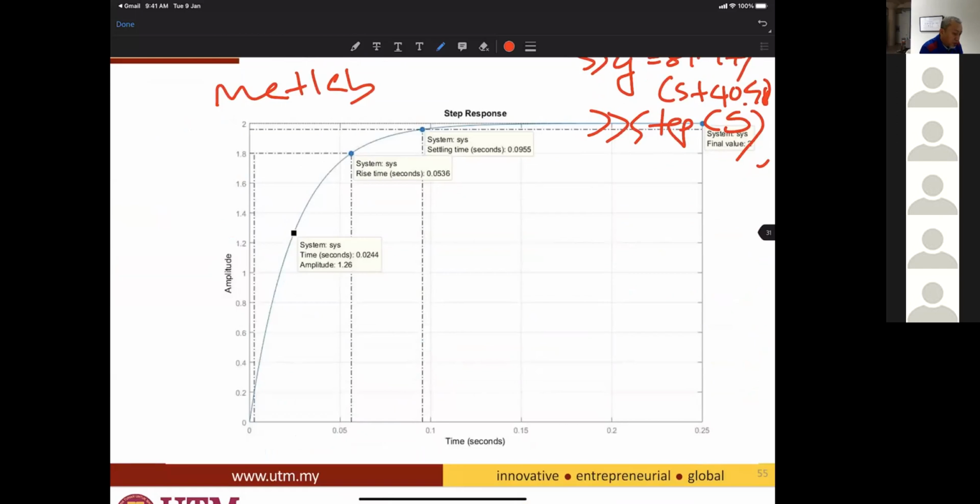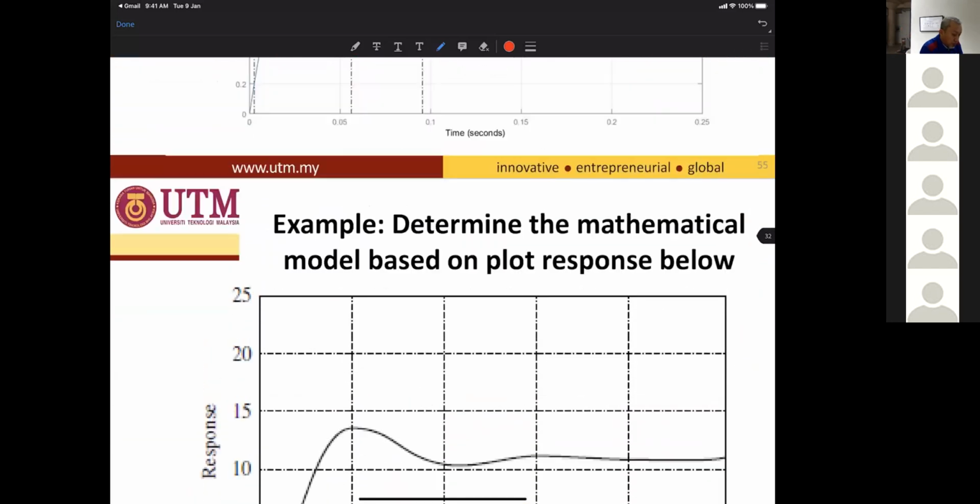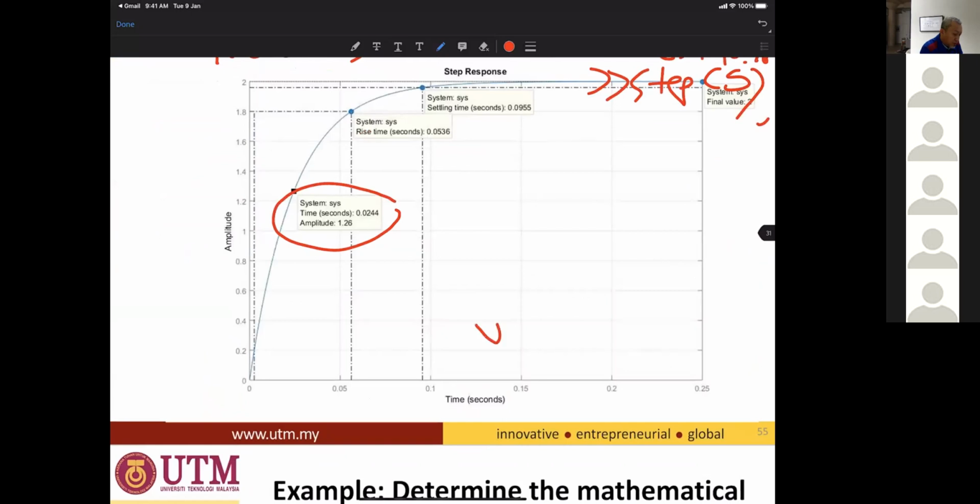The time constant is 0.0244 at amplitude 1.26, settling time 0.0955, and final value is 2 volts. So, verified.